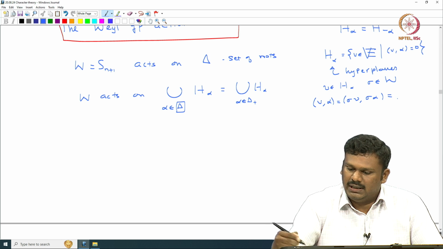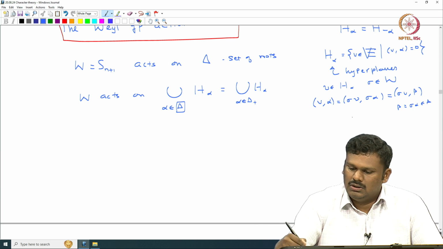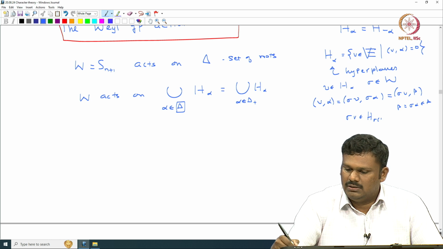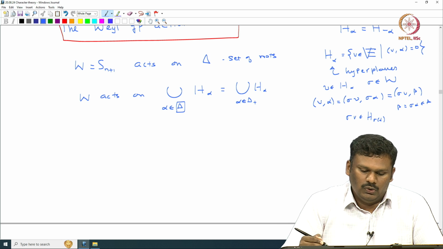So, this is (sigma v, beta) for beta equal to sigma alpha, which is in delta. That means sigma v is inside H_(sigma alpha). So, W acts on this union of H_alpha.